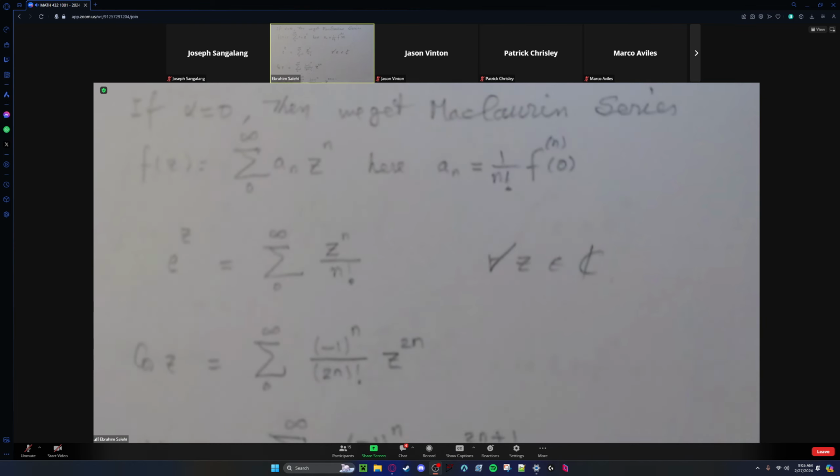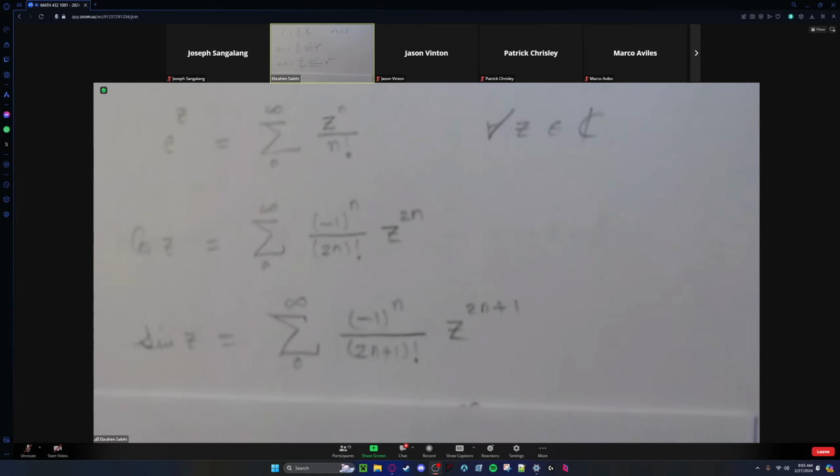For sine z, the same thing. We can go through the same process, at least for these 3 functions, all right? We go through the same process and we find the Maclaurin series of these functions.